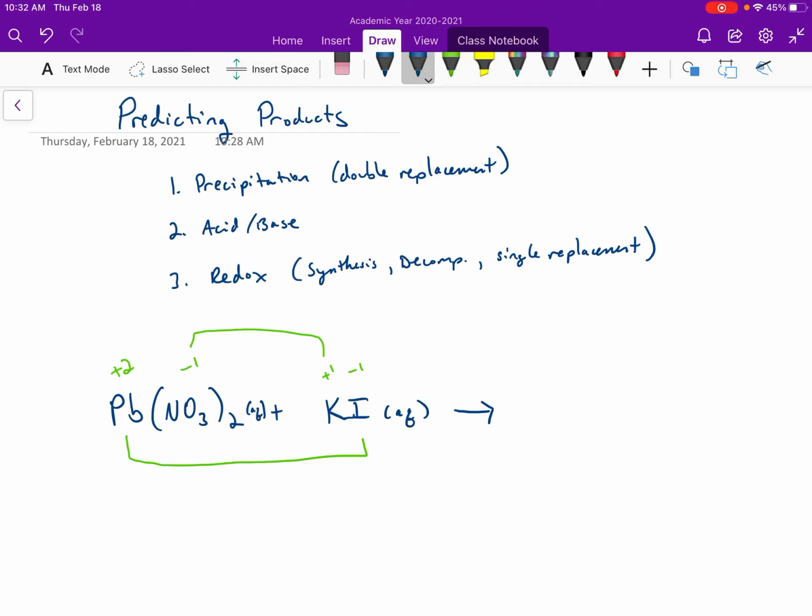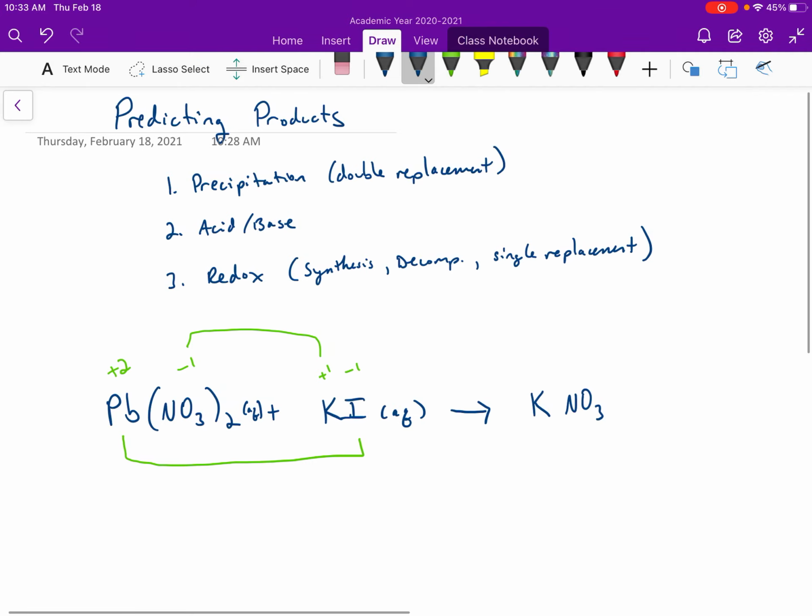Now we have to figure out how they fit together. We have to make the compounds how they exist in life, not by just smushing together what's there. So if I put potassium with nitrate, how do those fit together? Potassium is a +1, nitrate is a -1, and so they just fit together nicely, 1 for 1.